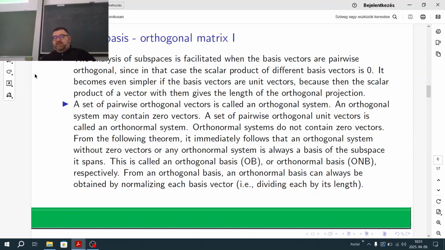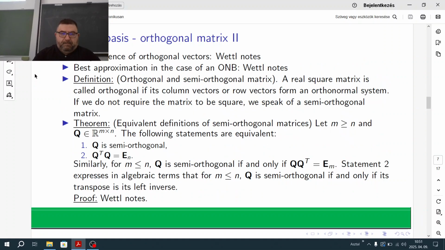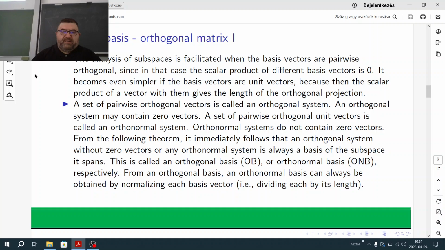You remember the definition of normal vectors. So there is something that we call orthogonal basis, OB, and orthonormal basis, ONB. Okay, let's go and continue this.